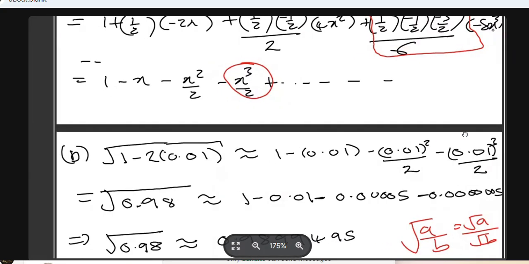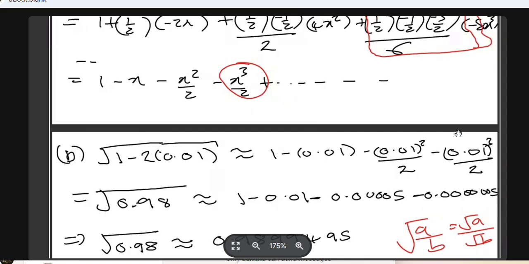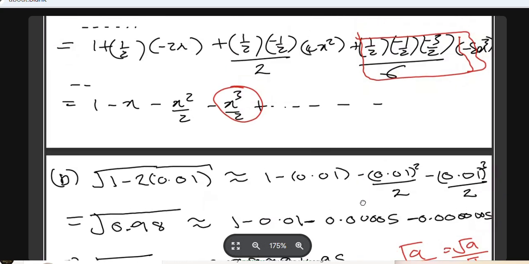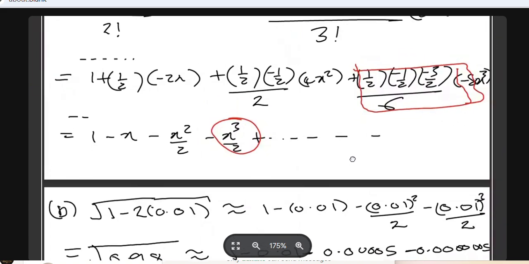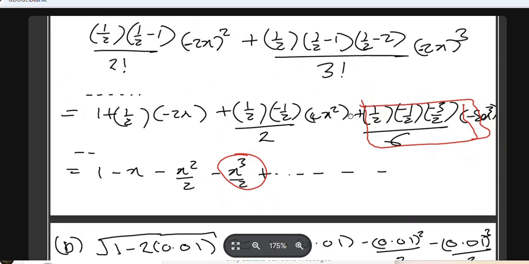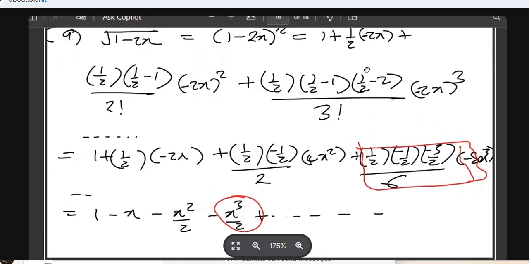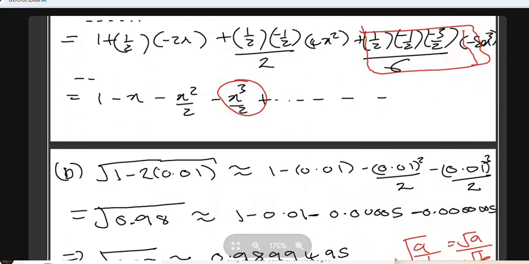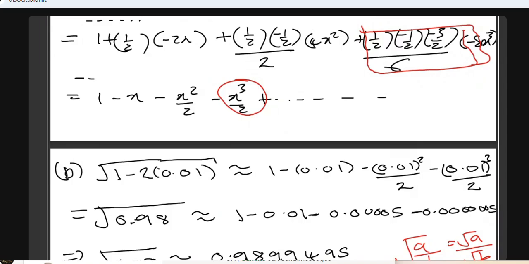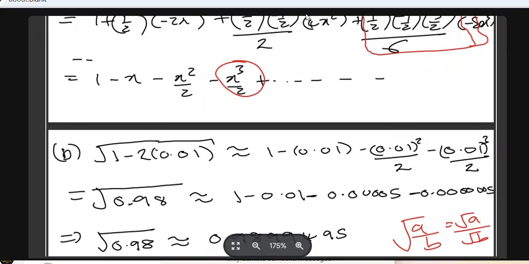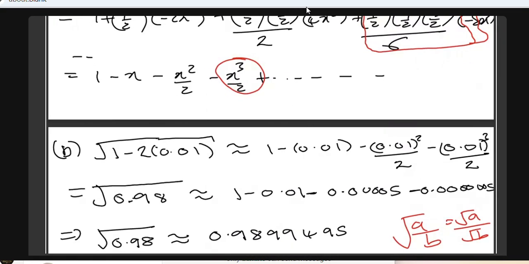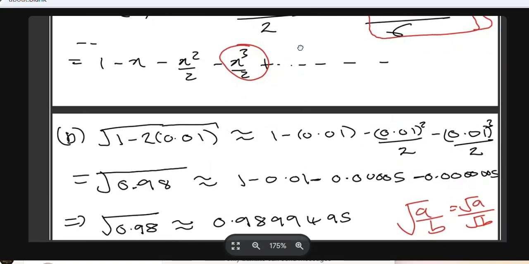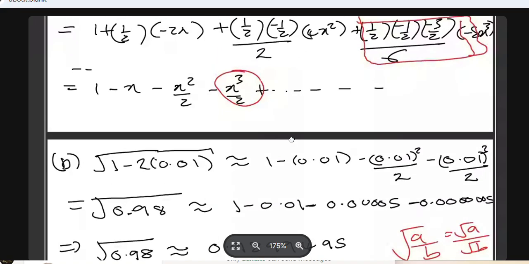Expand this. There's an 8 this side. Expand this. What is it giving you? It's 2, sir. Okay.